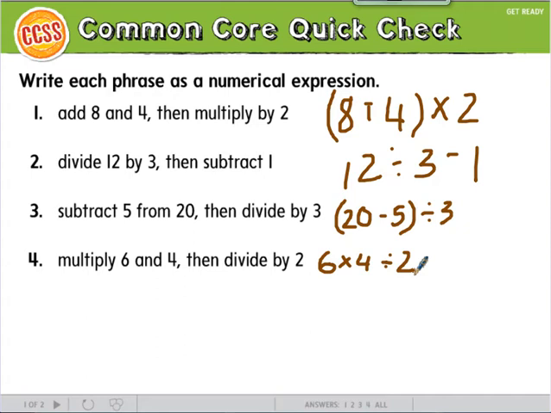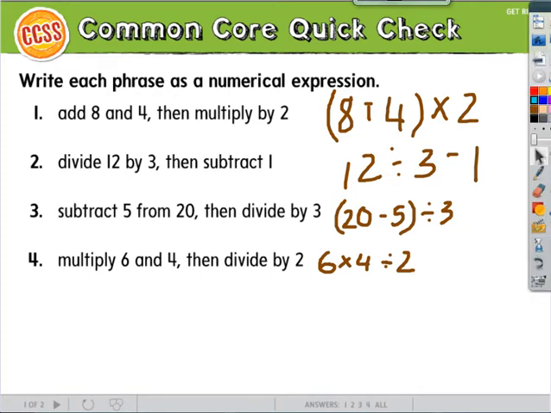So 6 times 4 is 24, divided by 2 is 12. Because order of operation says that you do multiplication and division in order, I'm fine. Because my multiplication problem comes before my division problem. Okay?